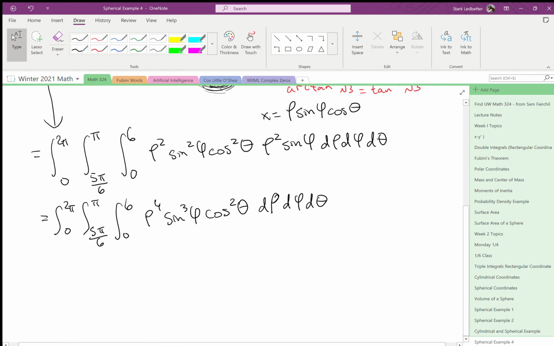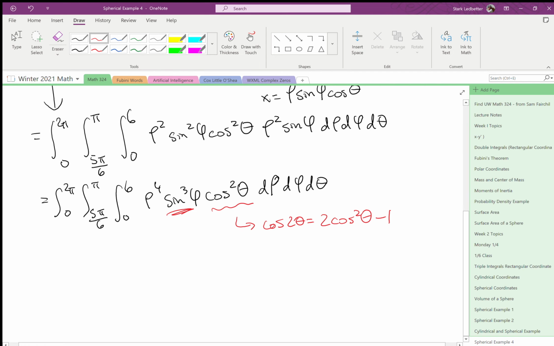The only other thing that you may or may not remember, so you know how to integrate an odd power of a sine or cosine. We talked about that in a previous video. Leave one sine there, replace the sine squared with 1 minus cosine squared, do a u sub. You may or may not remember how to do an even power. That's going to use this other double angle formula that I encourage everyone to memorize. I know you can look it up, but if you memorize it, then you can recognize it walking down the street.